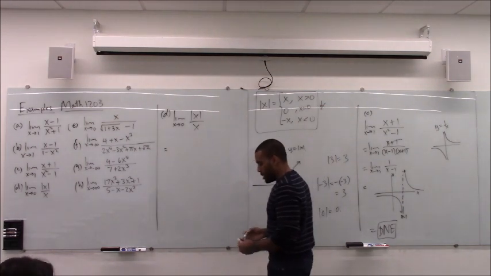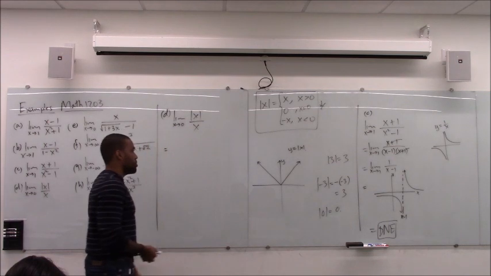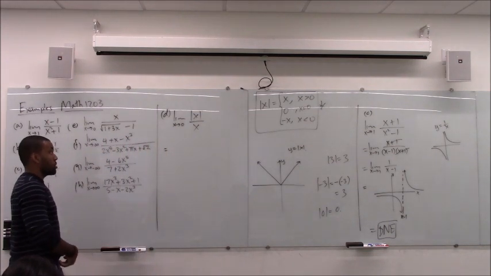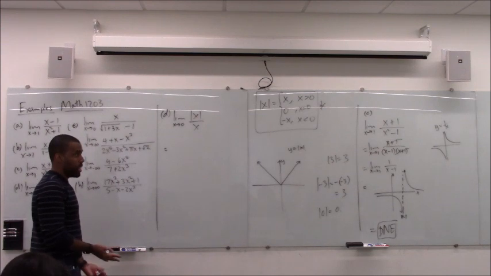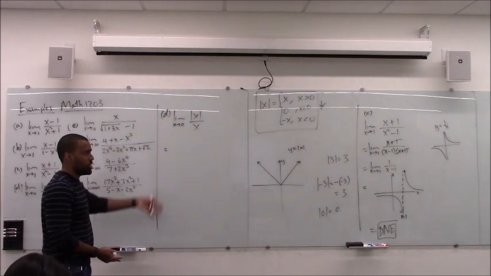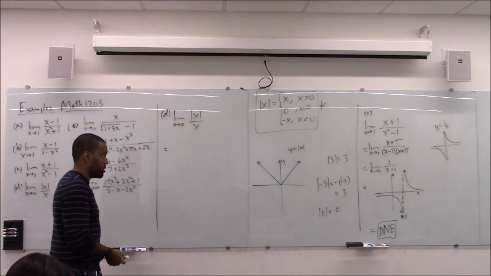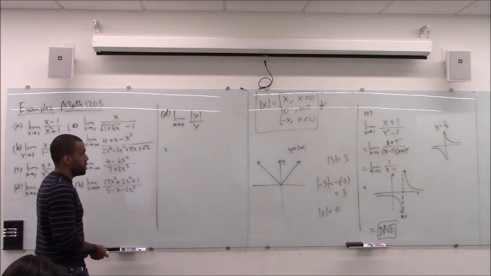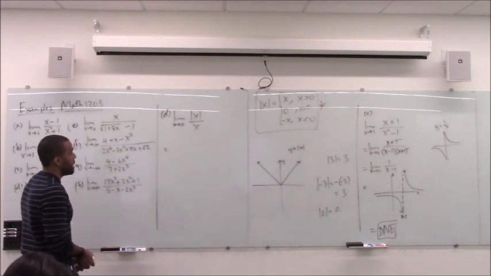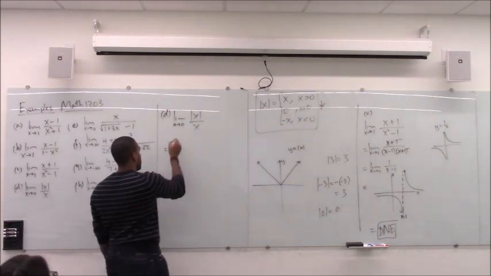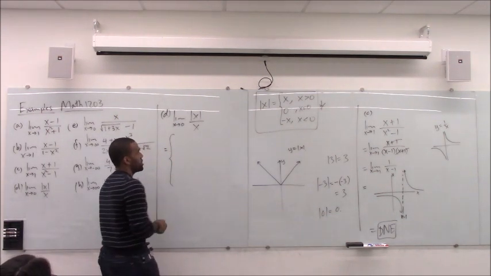Knowing that it's the distance from 0 or that it always returns a positive or 0 result is fine, but it doesn't really help you computationally to simplify anything. But this you could use, and in fact, that tells us that we can split this limit up into several cases.